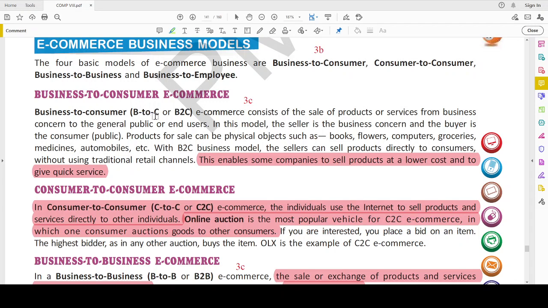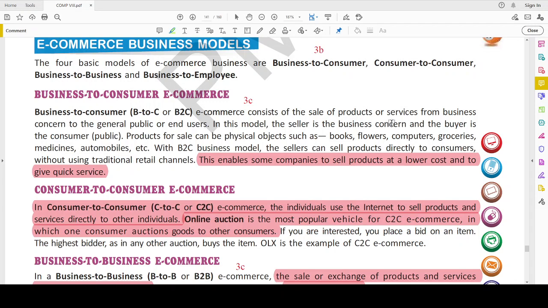Why? The business concern is giving the service to the consumer directly. In this model, the seller is the business concern and the buyer is the consumer or the general public.